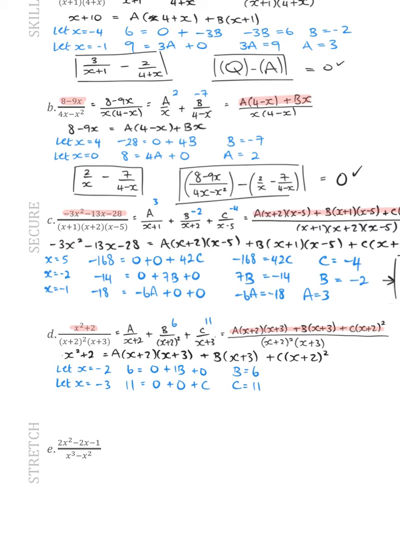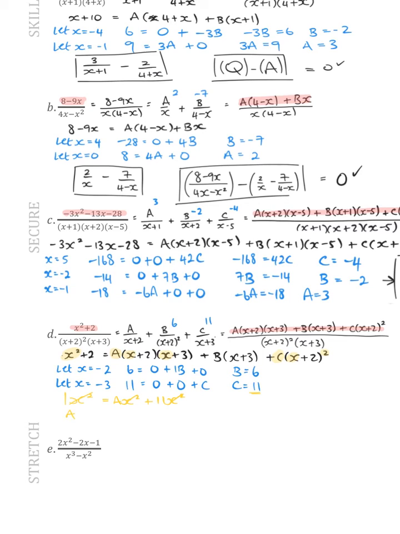And then remember, what we need to do is compare coefficients for x squared. So x squared equals a x squared plus c x squared, and c is 11. So cancel out these, that's a 1.